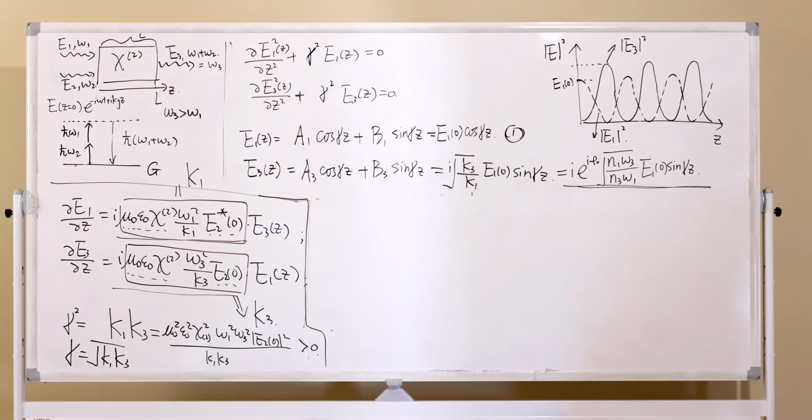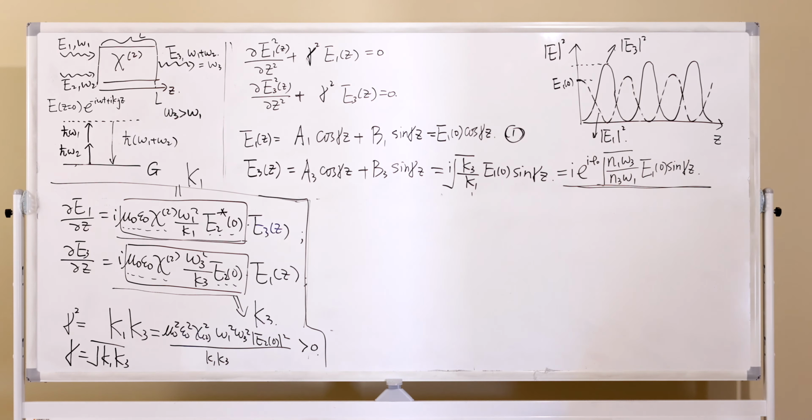What you would say is that, if you input omega 1 and omega 3, the output omega 2 equals omega 3 minus omega 1, right?